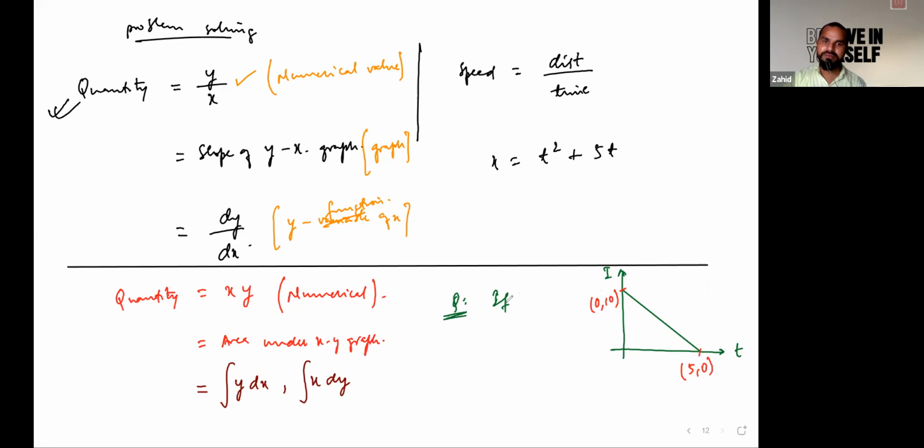And they have asked you to find the charge for this graph. So how will you approach? Just try to find a relation between current, time, and charge. We have just learned in class 10, current is equal to charge divided by time.